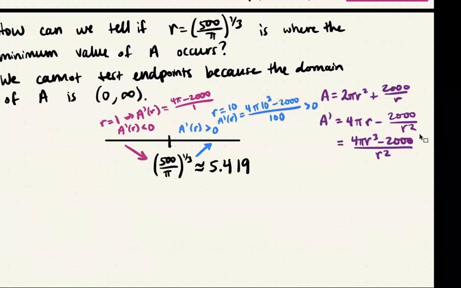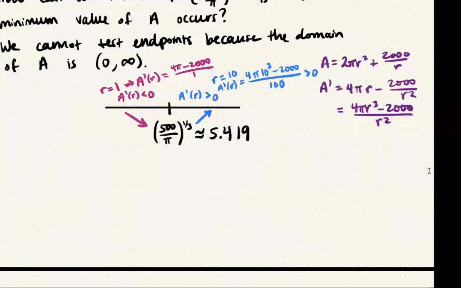And that's for all values of r. So for all values of r to the left of this point, our function A is decreasing. And for all values of r to the right of this point, our function is increasing. So this must be the absolute minimum. Okay.